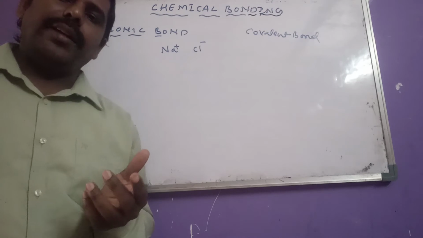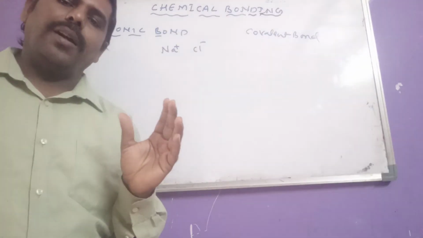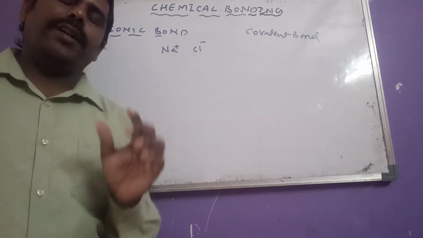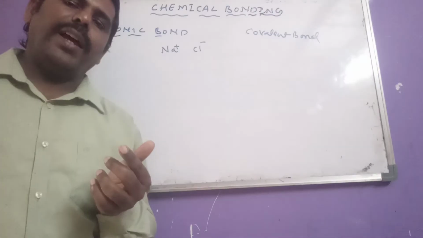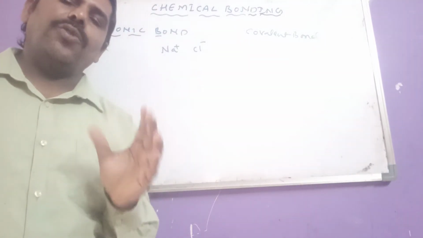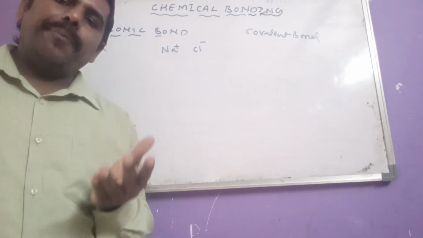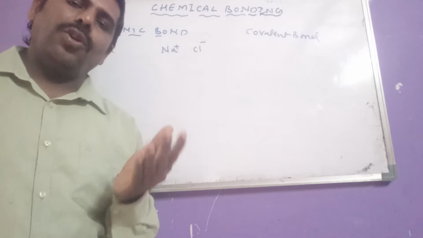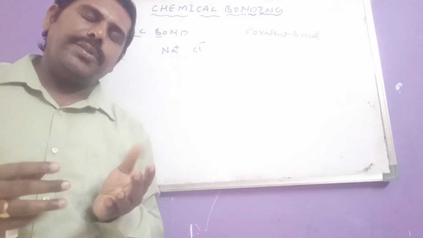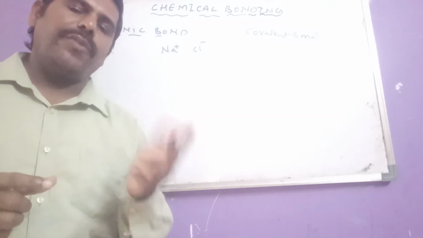Now regarding ionic bond and covalent bond, we have to learn one important property: electrovalency and covalency. We already learned valency. Valency means the number of hydrogen or chlorine atoms, or twice the number of oxygen atoms, with which an element is bonded is known as valency.